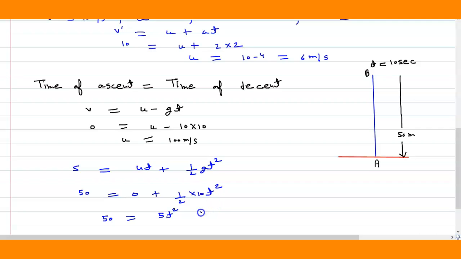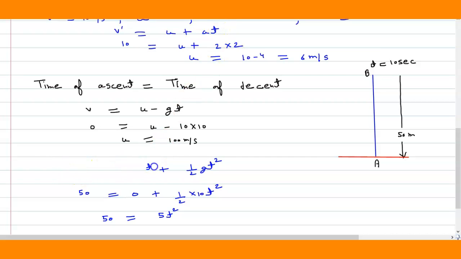But according to this, it is wrong. Actually, I even got t square is equal to 10.